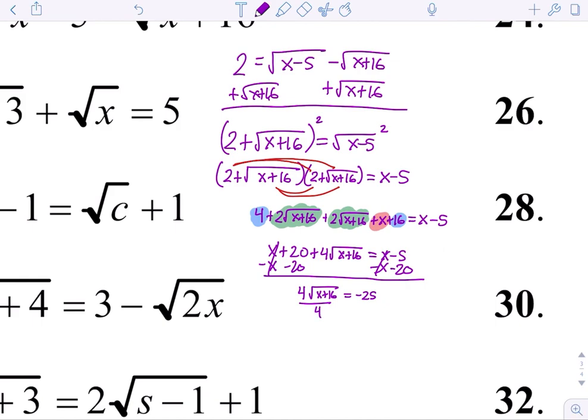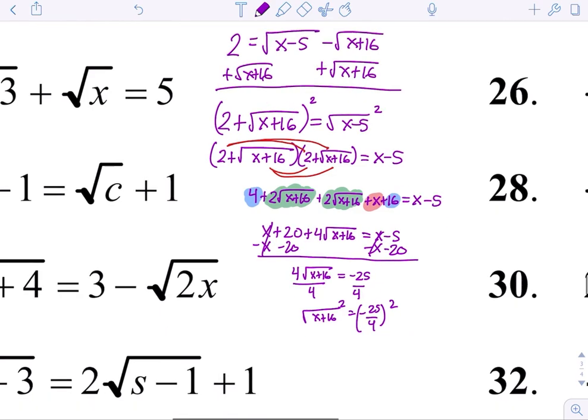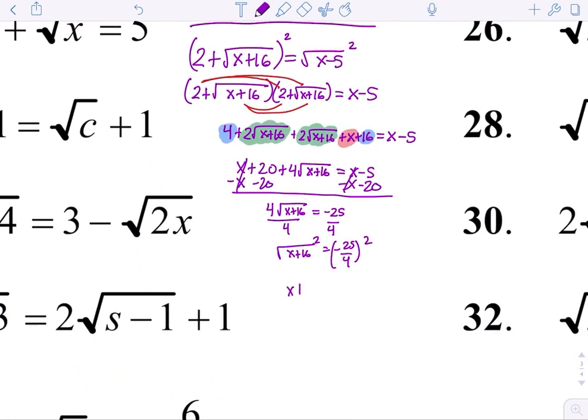Divide both sides by 4. The square root of x plus 16 is equal to negative 25 over 4. Take both sides to the second power, and we get x plus 16 is equal to 625 over 16.